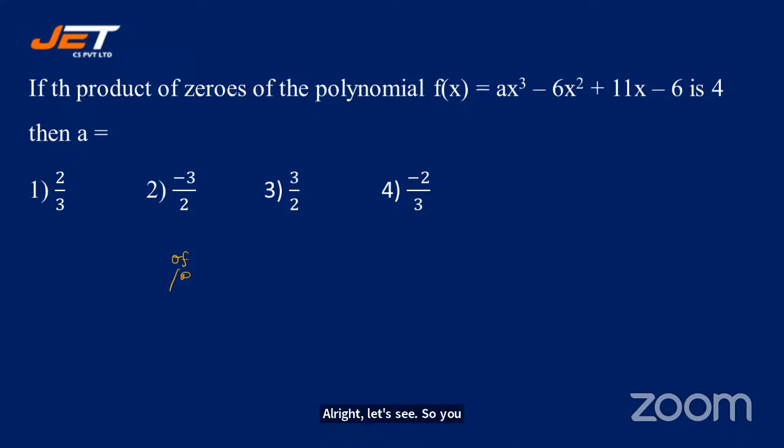So you just take f of x as ax cube minus 6x square plus 11x minus 6. What is the product of the zeros? Find out, and now give me the value of a. Let me see how many are giving me the right answer. I've given you the clue also. Let's see the chat box.